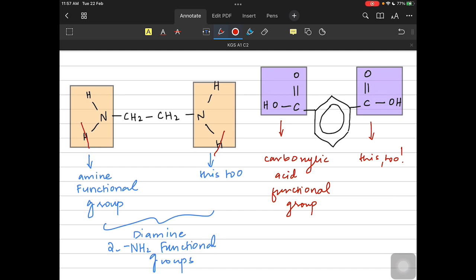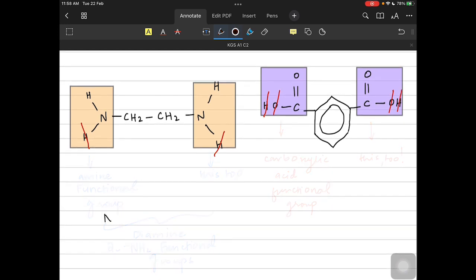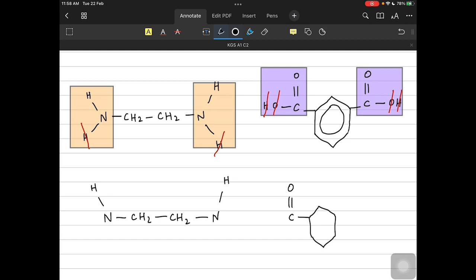Now, the amine always loses the hydrogen atom, and carboxylic acid in our case is going to lose the OH. Because amine had a hydrogen atom to lose and carboxylic had the OH. So you copy the whole structure with the nitrogens and one hydrogen because amine has lost one hydrogen from both sides. You copy the other monomer, but this time you don't copy the OH groups.